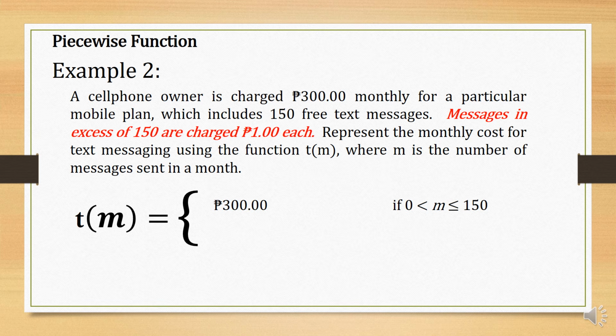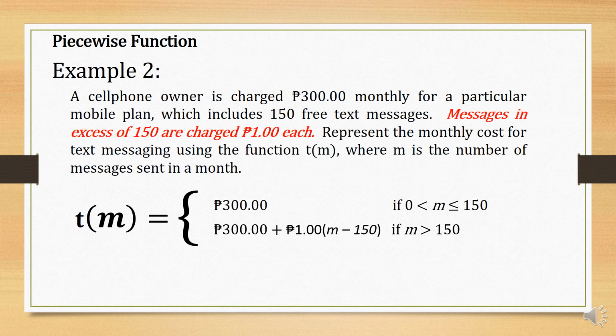In the second subfunction, we will use this statement: messages in excess of 150 are charged 1 peso each. Now, to write this into a mathematical expression, we have 300 pesos plus 1 peso times M, which is the number of messages sent in a month, minus 150.